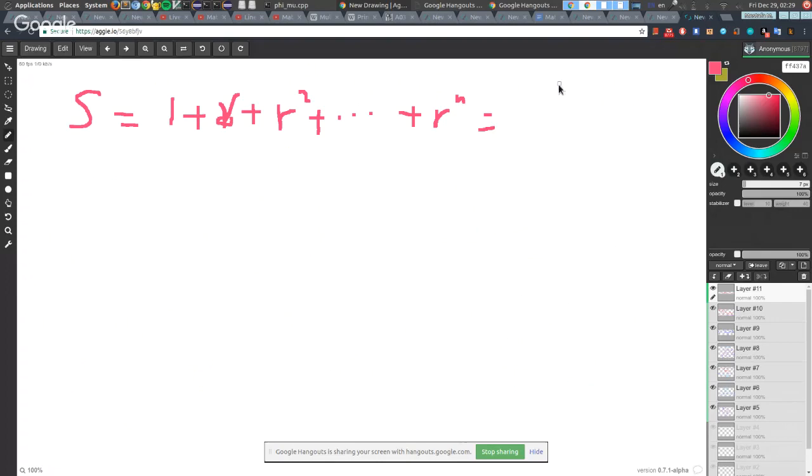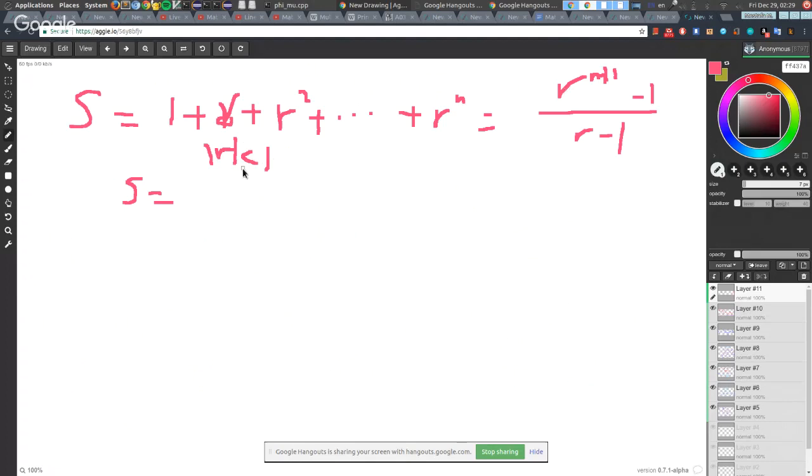So this was equal to r to the power n plus 1. So it's like that. And so if n goes to infinity and r is provided, so r is less than 1, absolute r is less than 1.